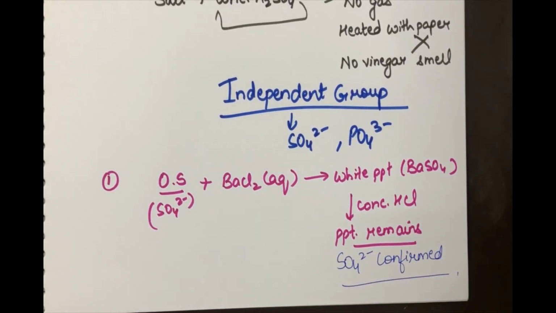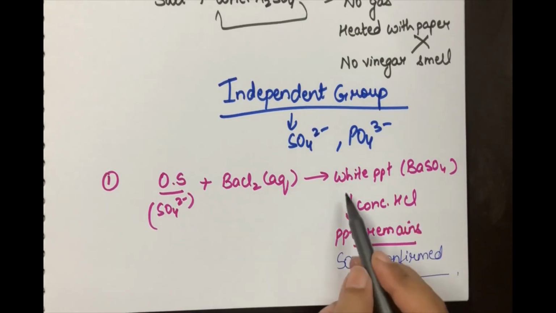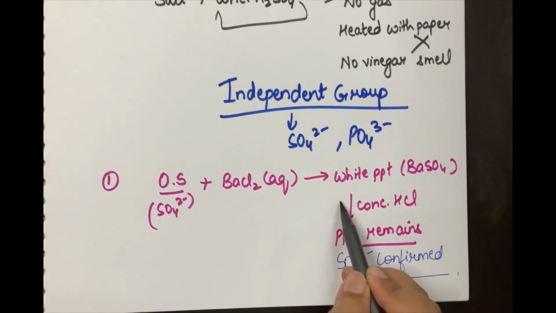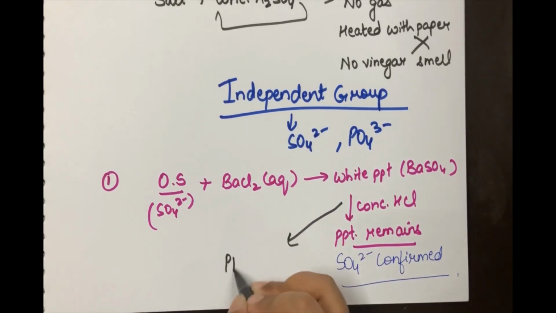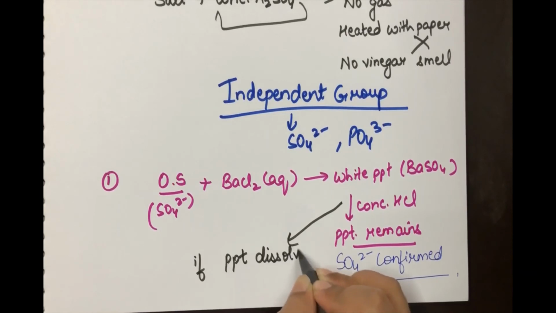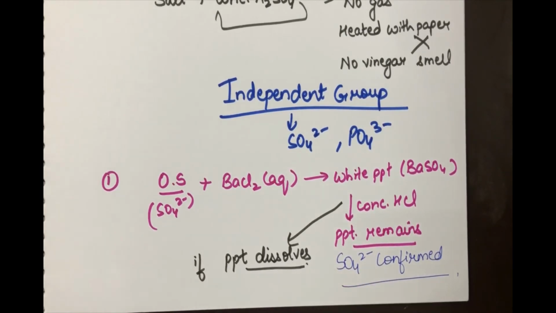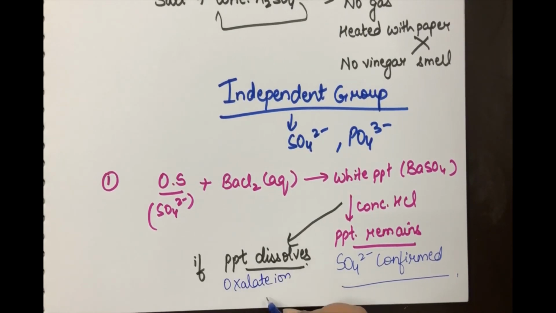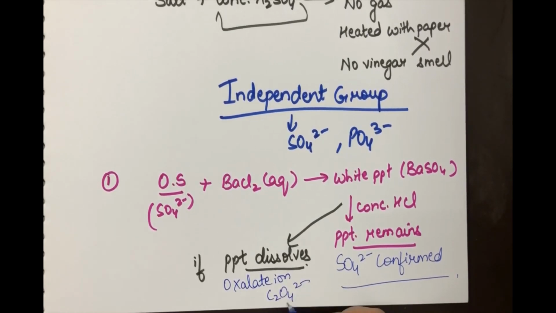If the PPT remains, then I say that sulfate is confirmed. Okay. And if the PPT dissolves, then what? If PPT dissolves, then we say it is oxalate ion. What is oxalate ion? It is C2O4 2 minus.